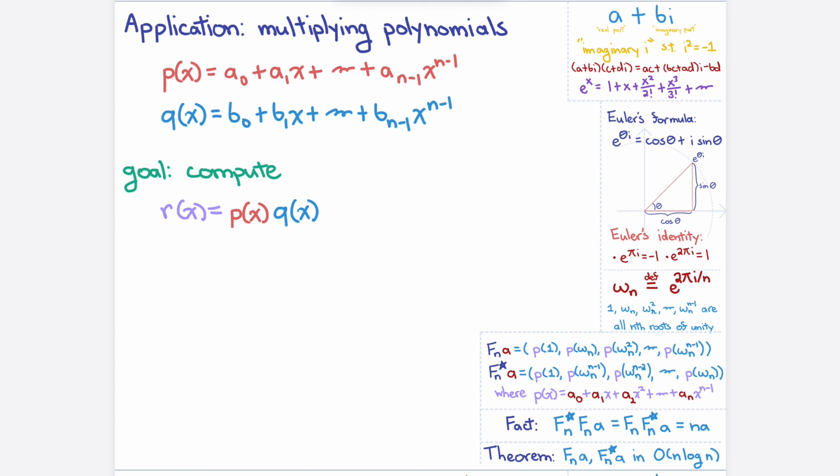If we look more closely at R, it will have some coefficients C0, C1 up to C2n minus 2. But what do those coefficients actually look like? They look like this convolution. If I'm looking at the 10th coefficient of my output, I take one term from one polynomial and one term from the other to get degree 10.